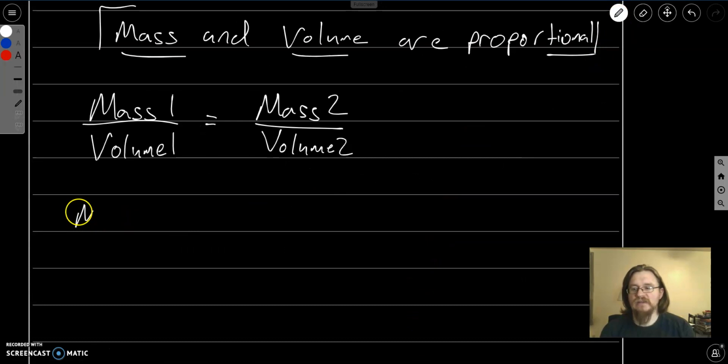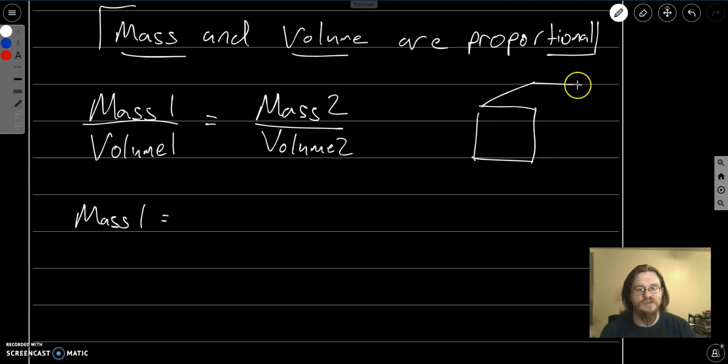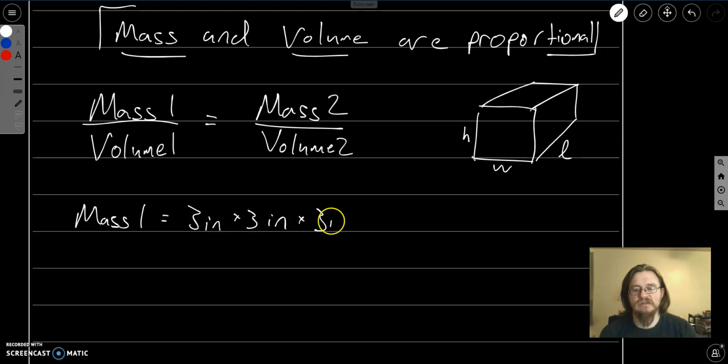Remember, a cube is just going to be this rectangular prism. So all we need to do is take the height times the width times the length. And for a cube, they're all the same. So the first one is going to be 3 inches times 3 inches times 3 inches. 3 times 3 times 3 is 27.